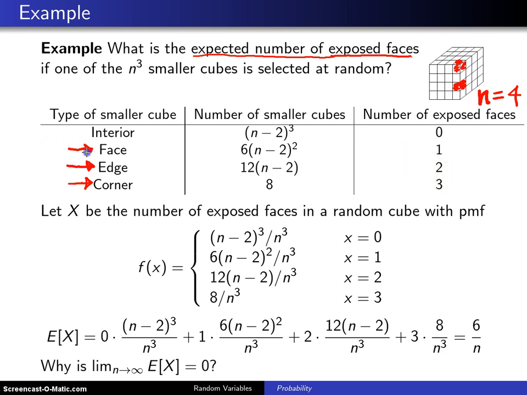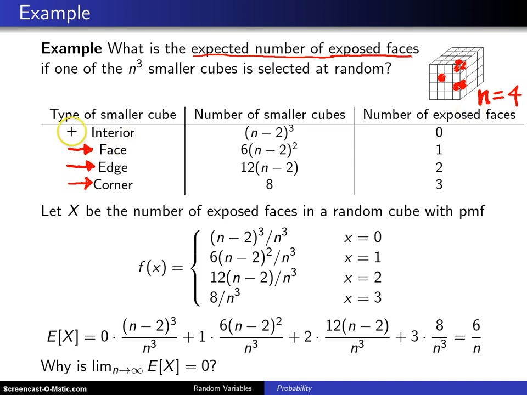The next one is a face cube, and I will go ahead and pick this one right here as the face cube. A face cube has 1 exposed face, and there are n minus 2 squared times the 6 faces of those cubes that are out there in this particular arrangement.